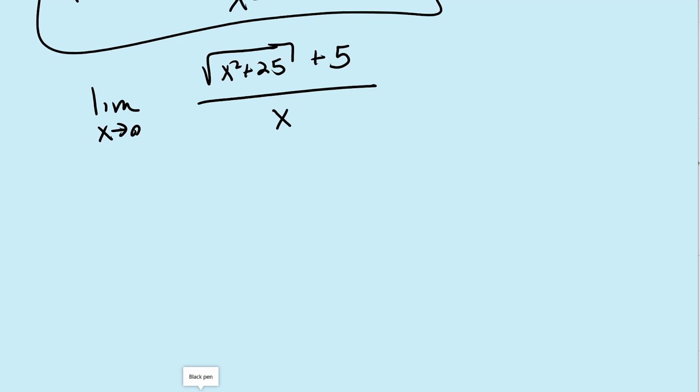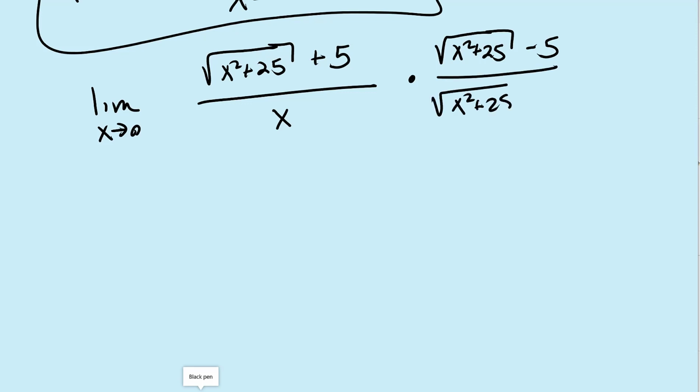Similar to the previous time, we'll go through the steps more quickly now. I'm going to multiply and divide by the same factor. So we're going to take square root of x squared plus 25 plus 5 and also divide by that factor, so we're essentially doing nothing to the actual value of this fraction.